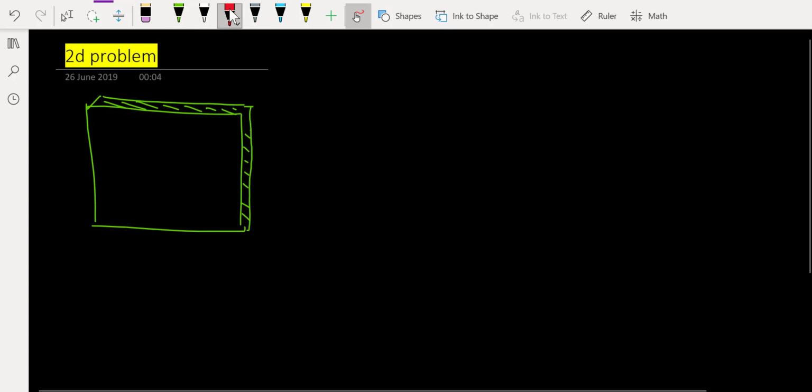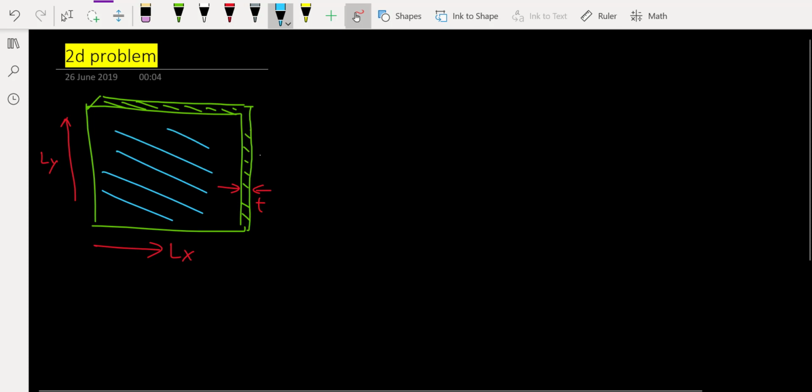Okay, and then this is Lx and this is Ly, and the thickness is T, and this is basically solid. Okay, so in classical cases, the information which we have generally, the geometrical information, means we have Lx, Ly and thickness.